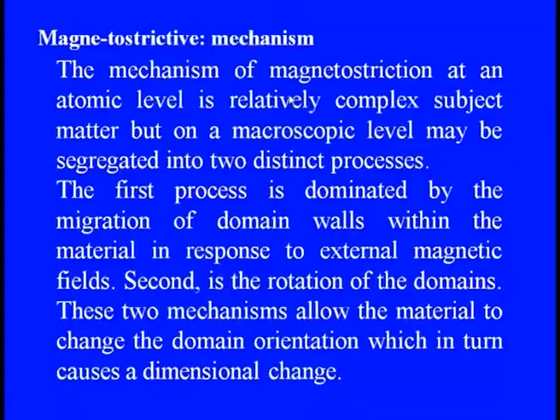Second, we need to see the rotation of the domains, where the molecules rotate towards the field. These two mechanisms, the migration and the rotation of the domain, allow the material to change domain orientation, and because of that there is a clear cause of dimensional change.